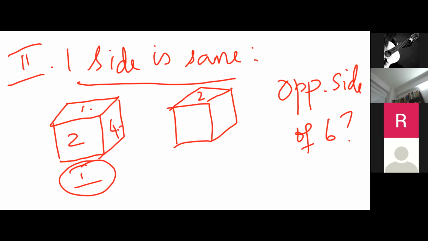This is also a possible case for type 2. Here the 2 is in the front visible portion, and here 2 is in the top visible portion. Can I compare them as type 2, one side is the same? If you ask me, yes, you can compare it.